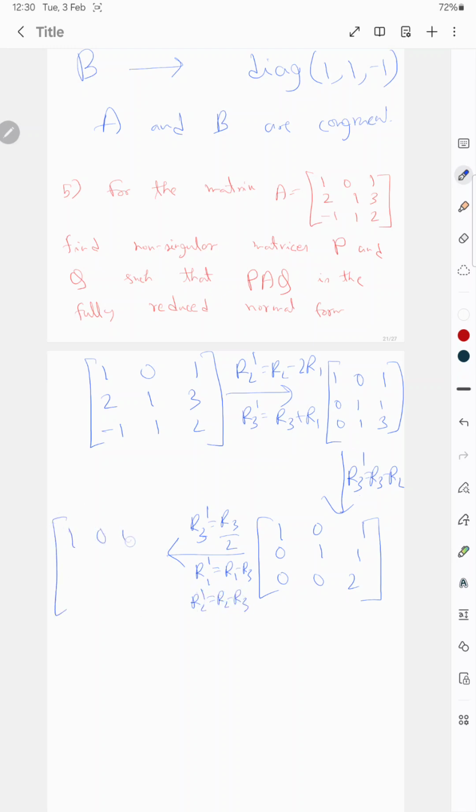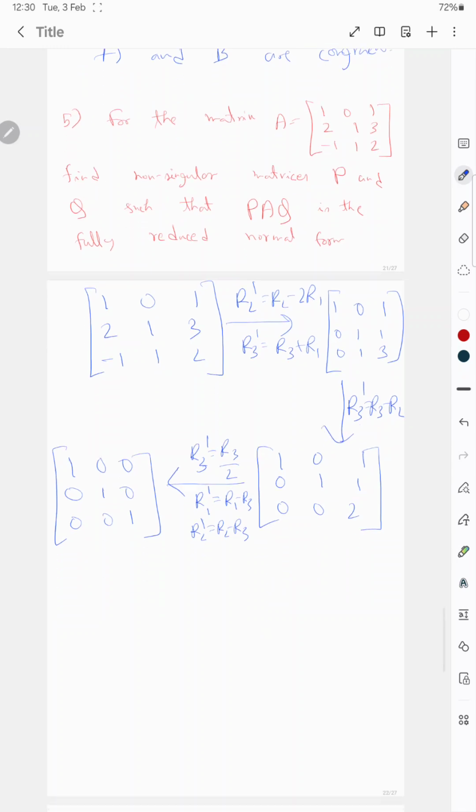So you will get almost a total identity matrix. So you got this, so you don't have to use any column operation here.